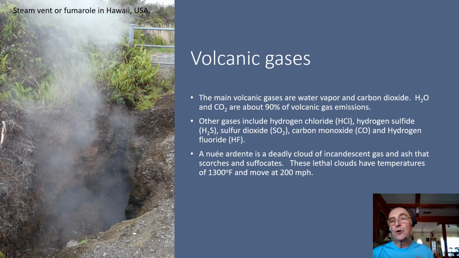You have hydrogen chloride, HCl, that's basically hydrochloric acid. You have hydrogen sulfide, H2S, it is a lethal gas. You can have carbon monoxide, it can kill you too. Hydrogen fluoride, it's pretty bad. So there are some pretty nasty gases that come out of volcanoes.